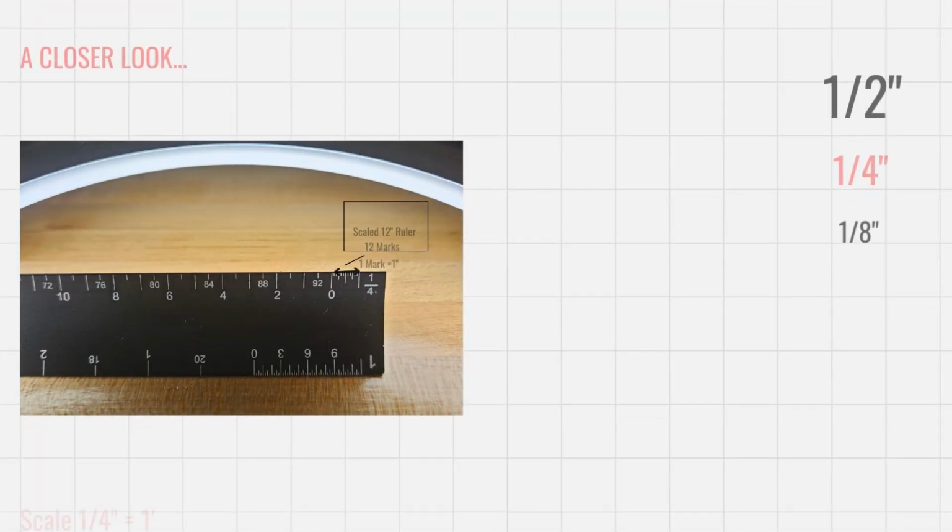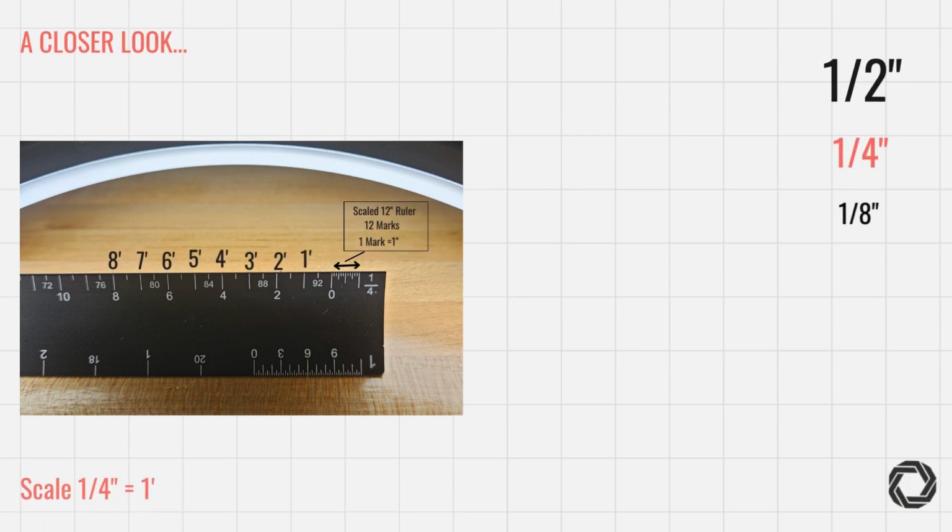So now let's look at 1/4 of an inch equals 1 foot. Similar to the previous example, if we look at this side of our ruler, we notice that the interval between 0 and 1/4 has a total of 12 marks. So we can think of each mark as an equivalent of 1 inch and use that interval to determine where our distances are along the scale.